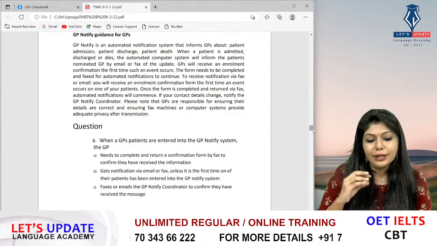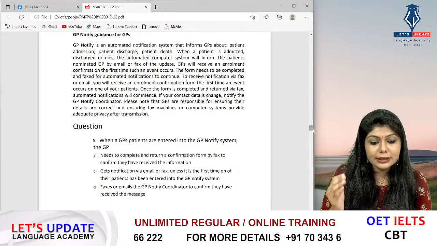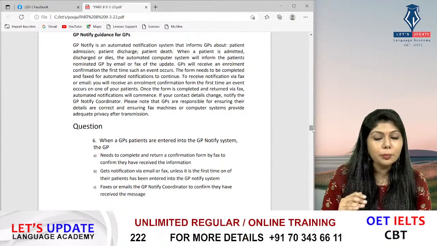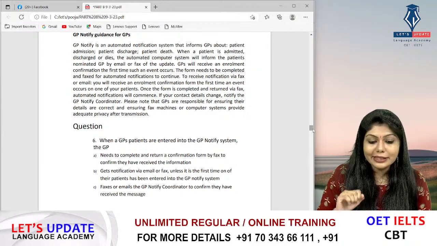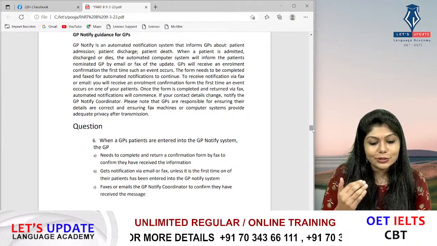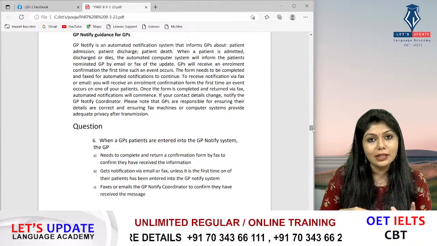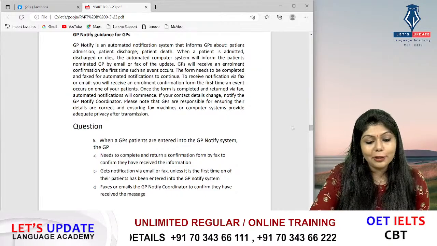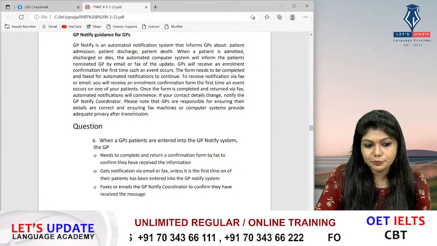The purpose for returning the confirmation form by fax, of course, is for the automated notifications to continue. That is not for the purpose of informing them that they have received the information, and because of which we are eliminating option A.